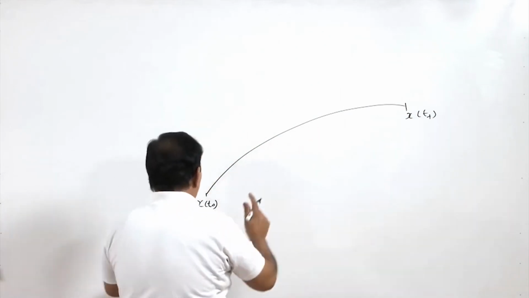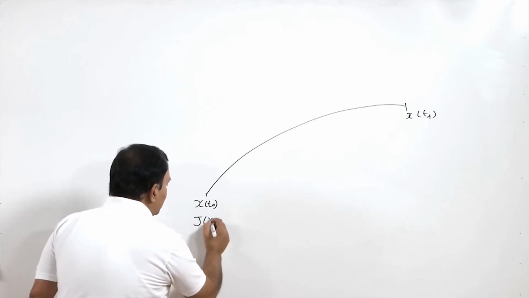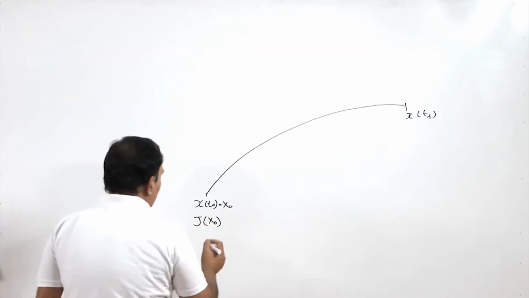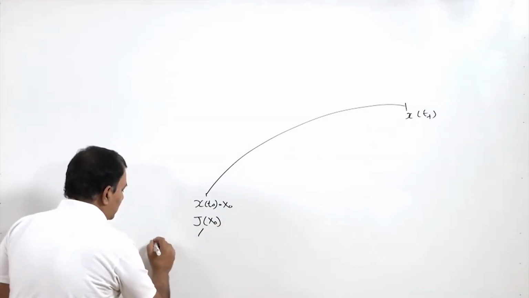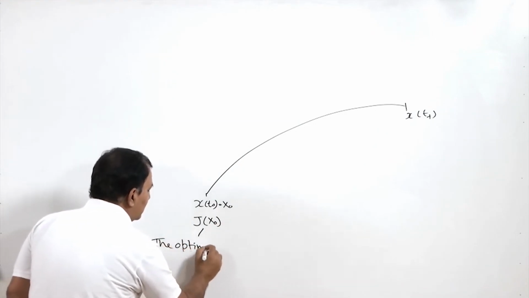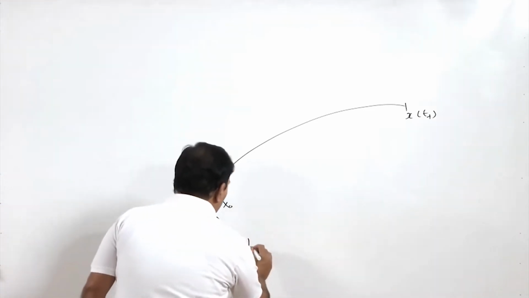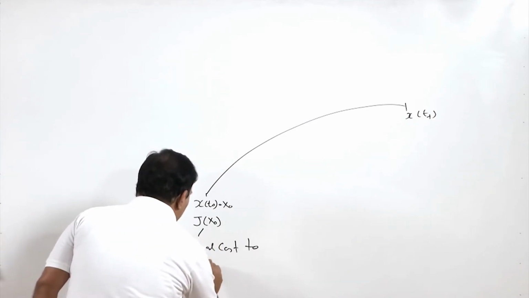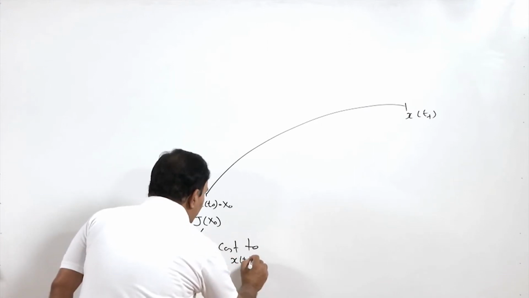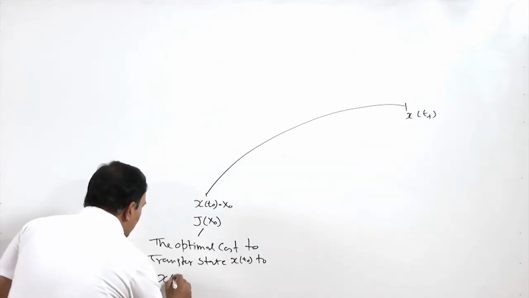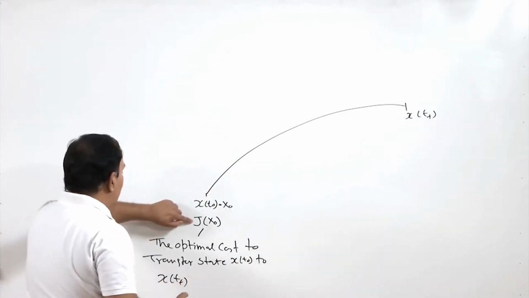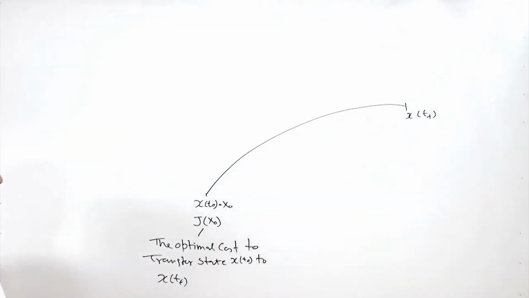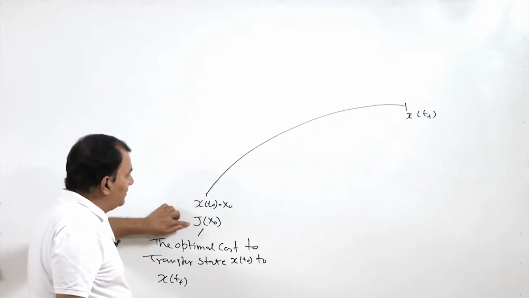So, this is my complete trajectory, and let us say J(x0) is the optimal cost to transfer the state x(t0) to x(tf). So, x(t0) is my initial state, and this is my optimal cost.